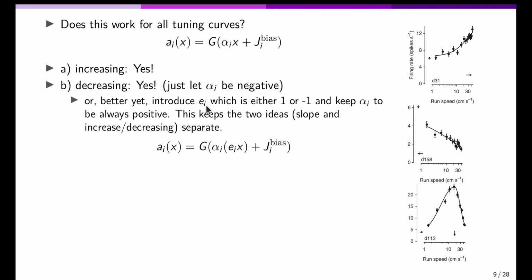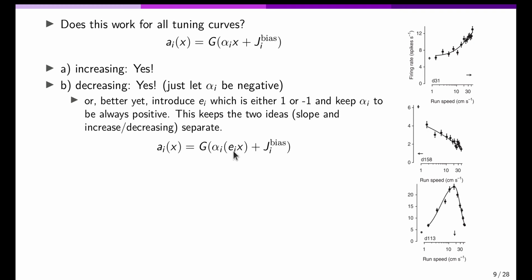but then we're going to add in another factor, e, and in this case that e can be either 1 or minus 1. And that's going to get multiplied by x. If e is 1, that's going to be all the neurons that prefer larger numbers, because as x gets bigger, this whole value is going to get bigger, so this neuron is going to fire more. All the neuron models that we looked at, as you increase current, the neuron's going to fire more.